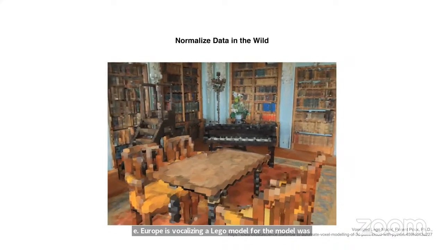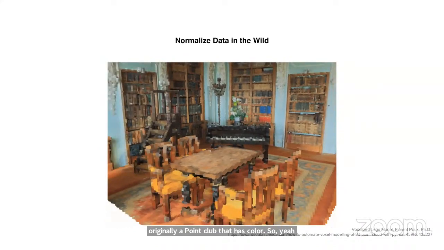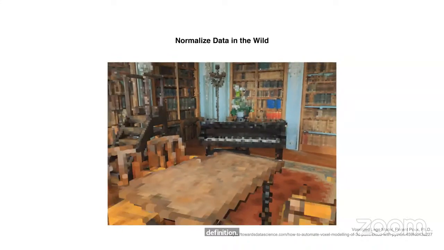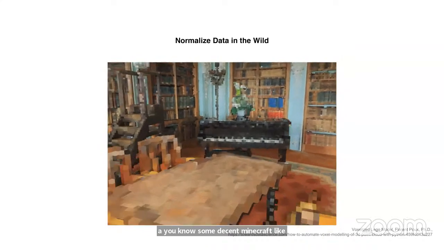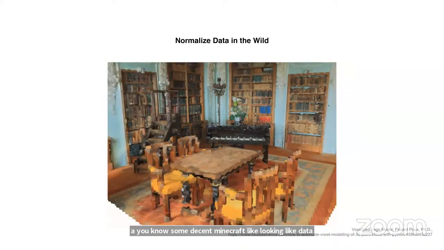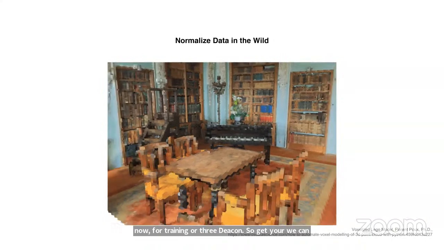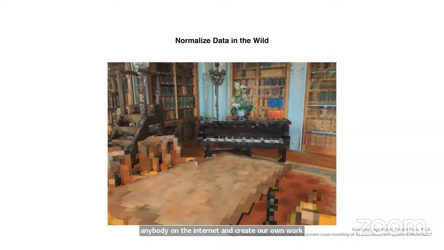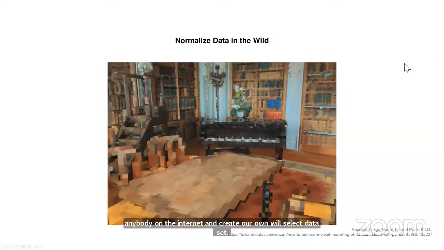In this case he was using a 256 something definition, and you can get some really decent Minecraft-looking data for training your 3D GAN. This means that we can aggregate data from anywhere on the internet and create our own voxel data set really easily.